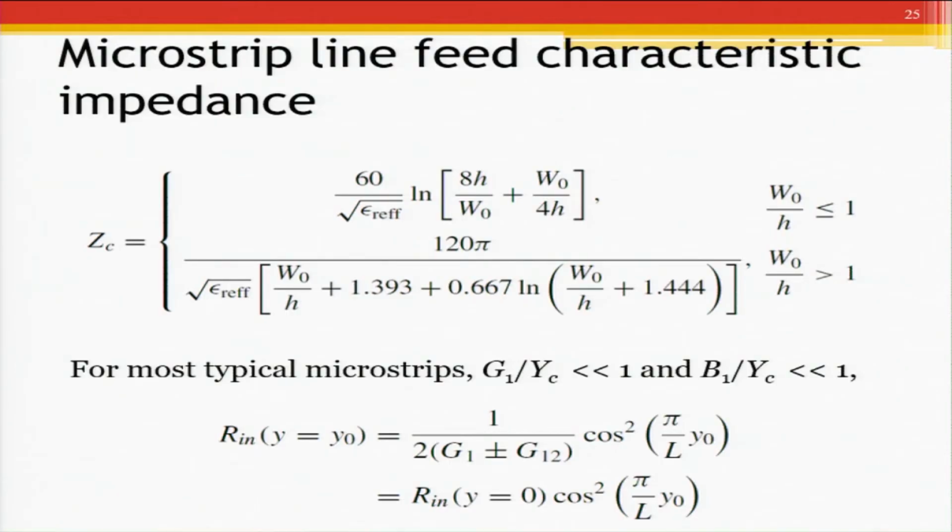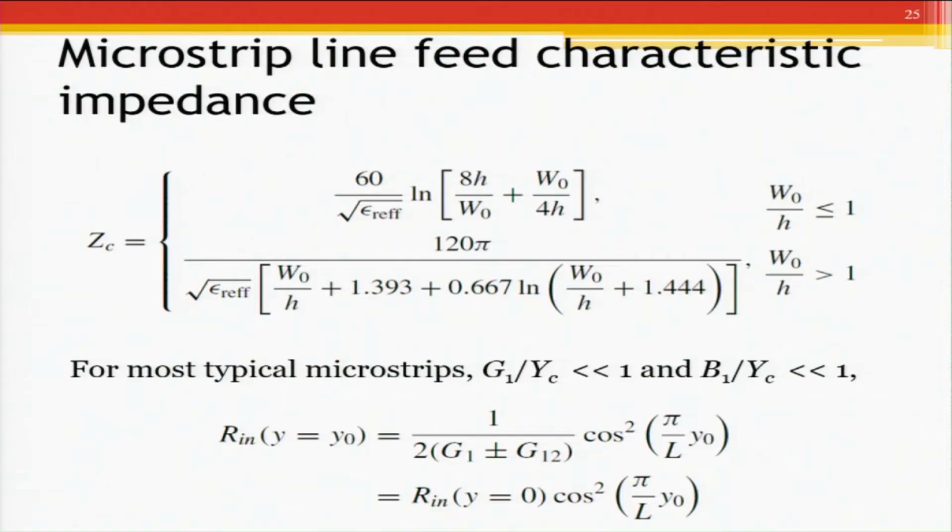For most typical microstrips, we found that the conductance is much less than the admittance. Also, the susceptance is much less than the admittance of the patch. Here Yc means the characteristic admittance.